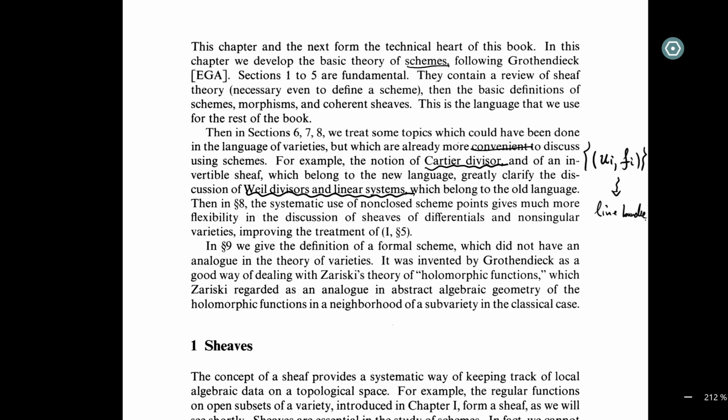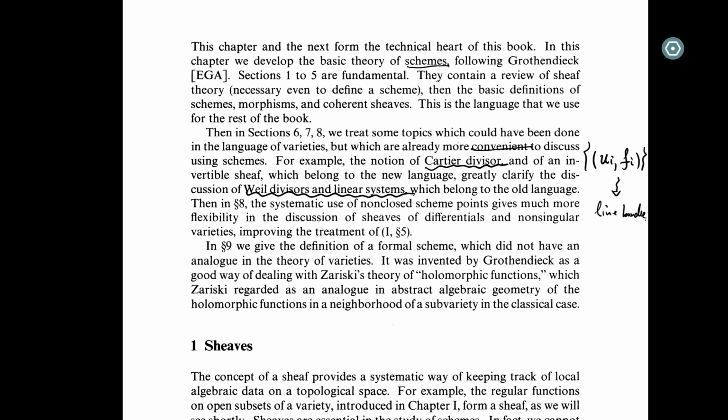We will see later in section 8 the systematic use of non-closed scheme points gives much more flexibility in the discussion of sheaves of differentials and non-singular varieties, improving the treatment in the first chapter.